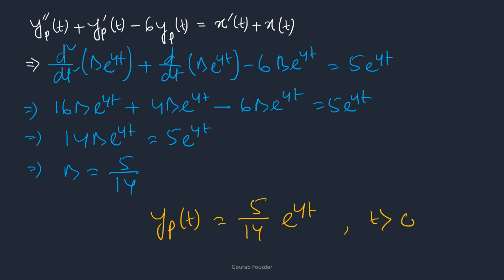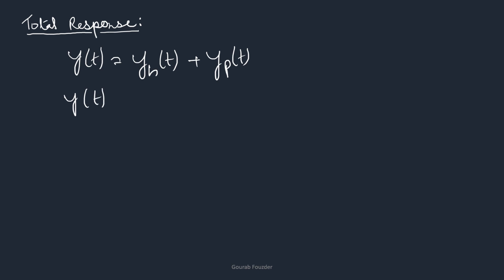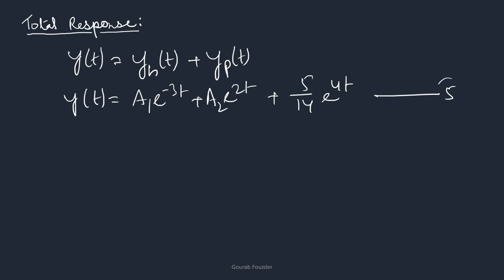Therefore, the total response or the overall response y(t) is given by the homogeneous solution yh(t) plus the particular solution yp(t). So we have y(t) equal to a1 e to the power minus 3t plus a2 e to the power 2t, plus the particular solution 5 by 14 into e to the power 4t, and this is our equation 5.